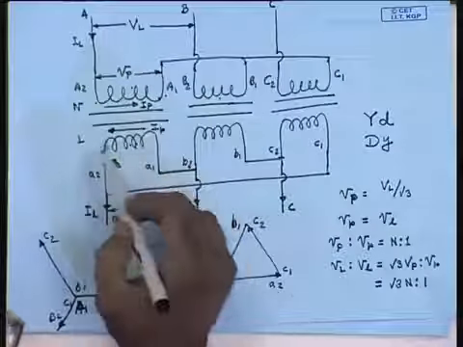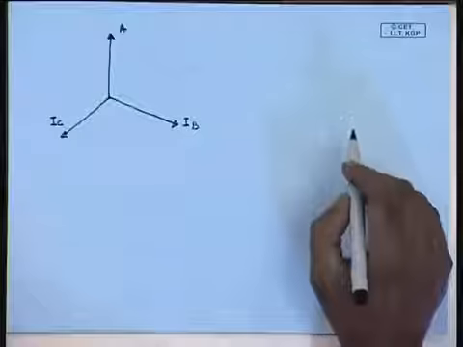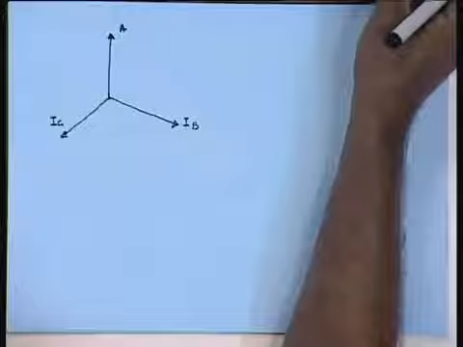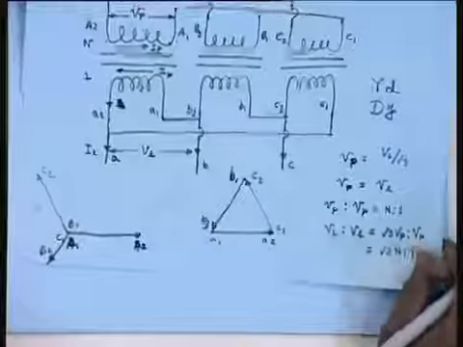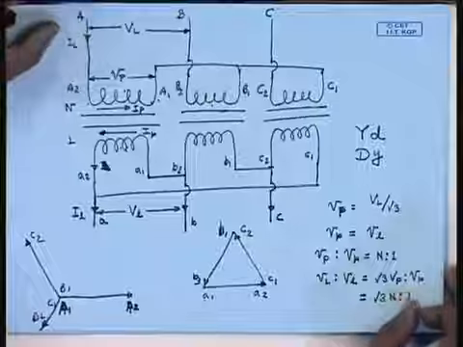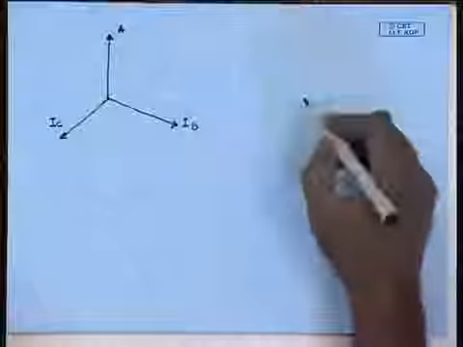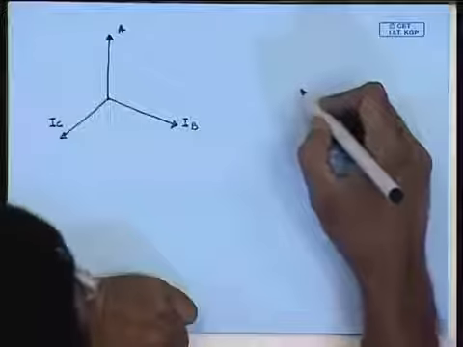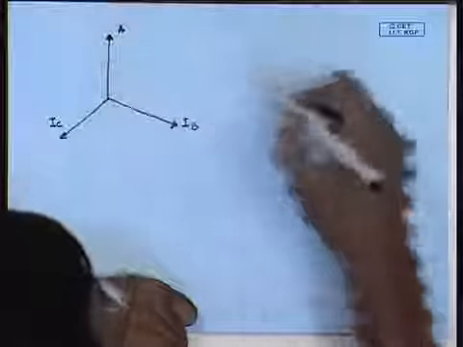So, this will be in phase with the current flowing from A1 to A2. So, the secondary current flowing through phase A1 to A2 will be in phase with this current. So, this is the current I A1 to A2, this is the phase current IA, which will be in phase with this.